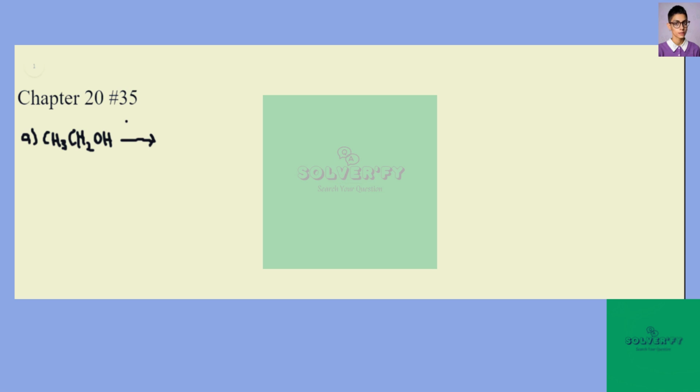So we have the alcohol. We can use PBr3, which is going to replace an alcohol with a bromine. So now we have the ethyl bromide, and if we use some magnesium metal and ether, we get our ethyl Grignard reagent.